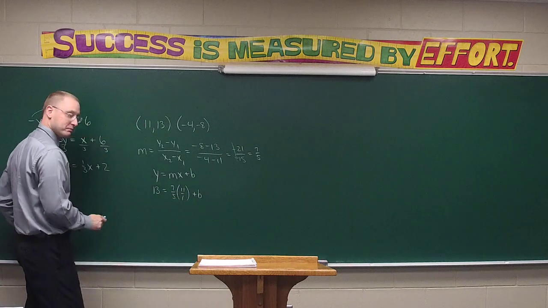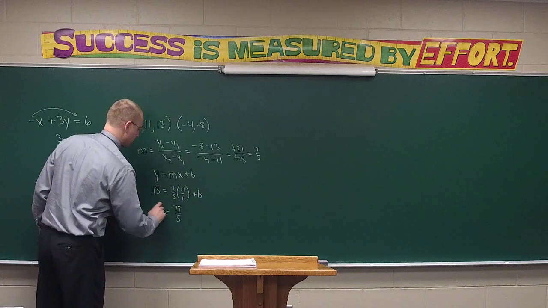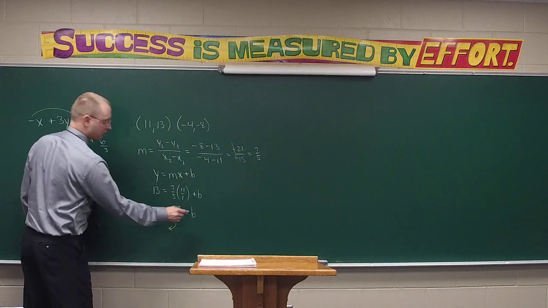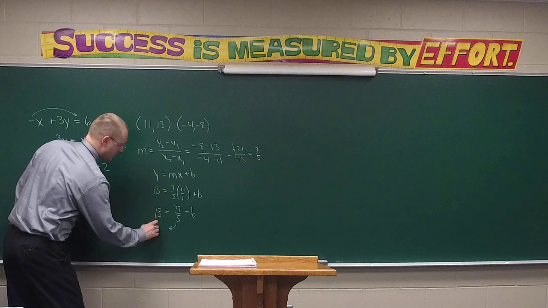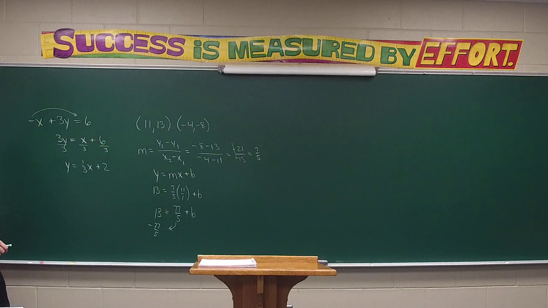Okay, please continue. You get 77/5, and then you move it as a negative 77/5. I didn't get that, so we pull out our calculator, which is what she's doing now. And we do 13 minus 77/5.